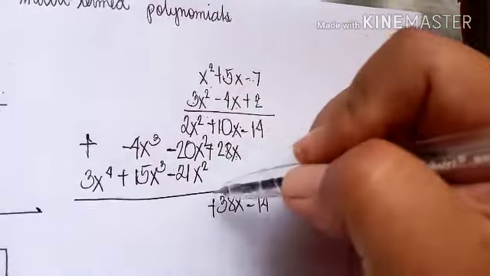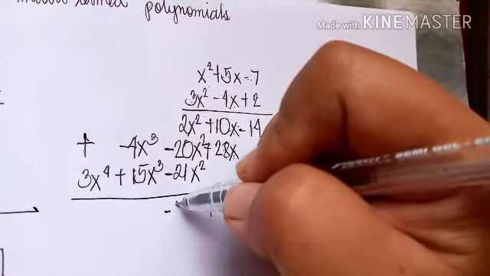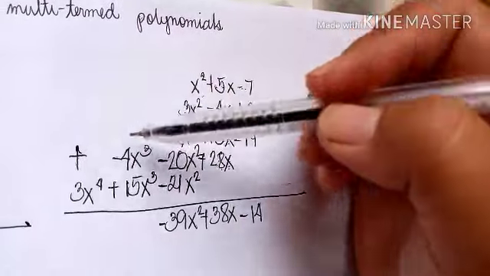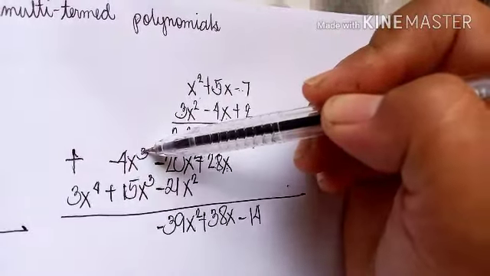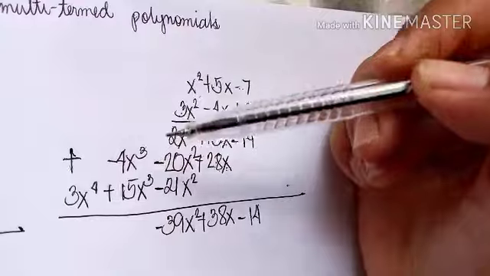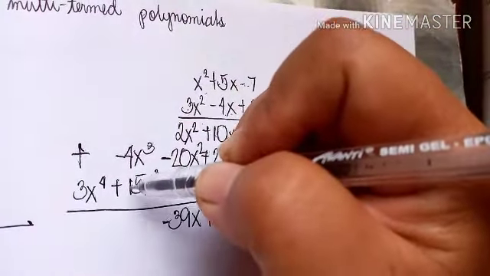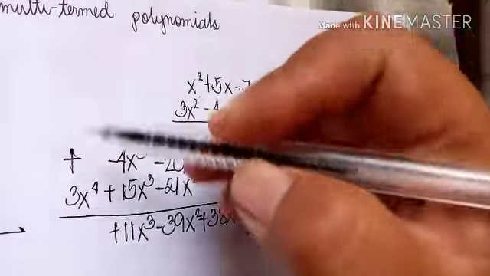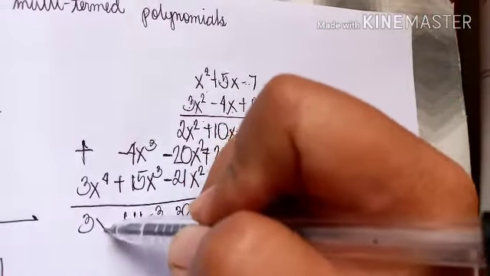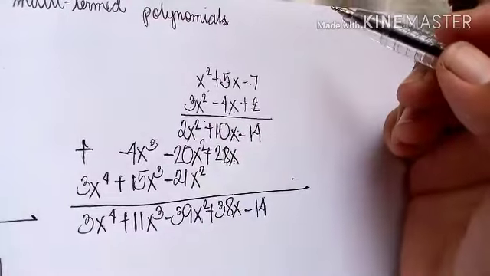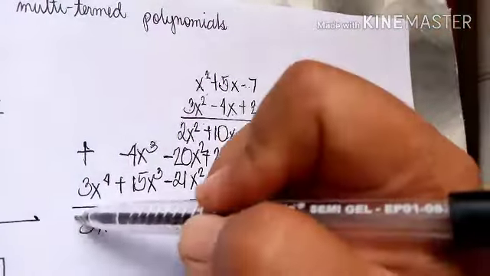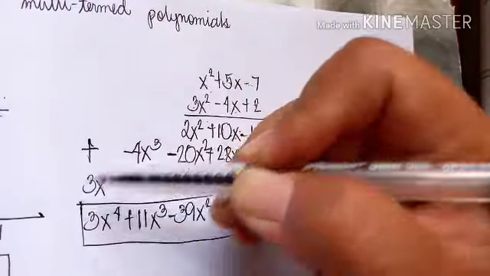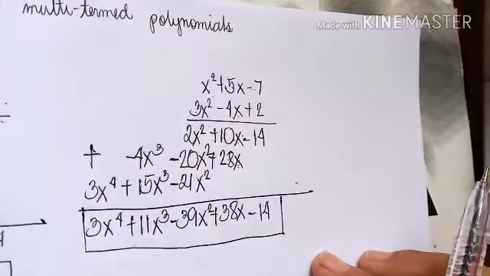That would be negative 39x squared, and negative 4x cubed plus 15x cubed, that is positive 11x cubed. And the last one, we now have 3x raised to 4. So of course this would now be your final answer since we can't further simplify that one.